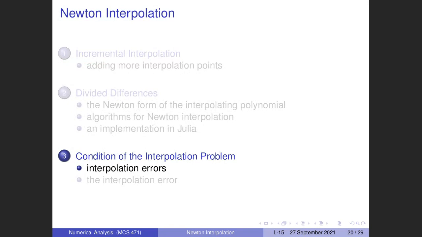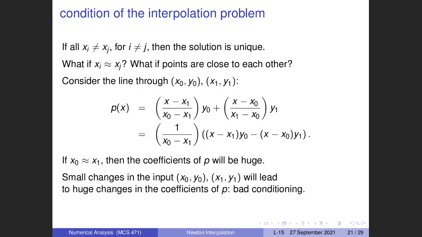When do we decide now? When we take an extra point, we can get a more accurate interpolating polynomial. But when and how do we decide this actually? So let's look at the interpolation errors. Let's first remind ourselves of the conditioning of the interpolation problem.